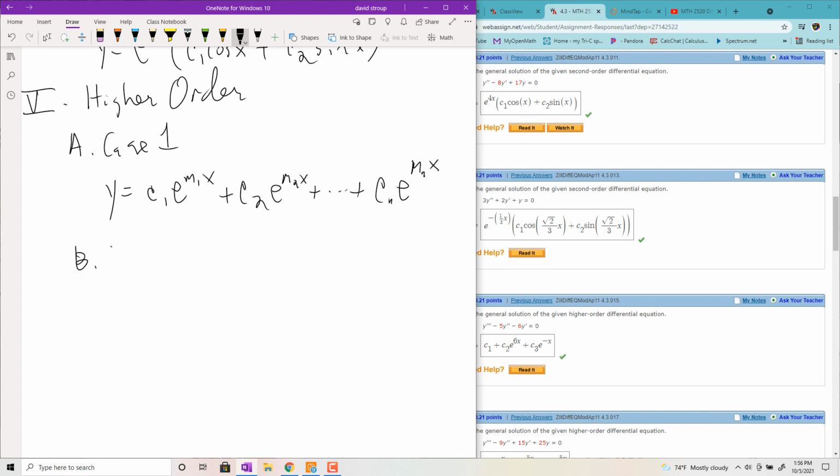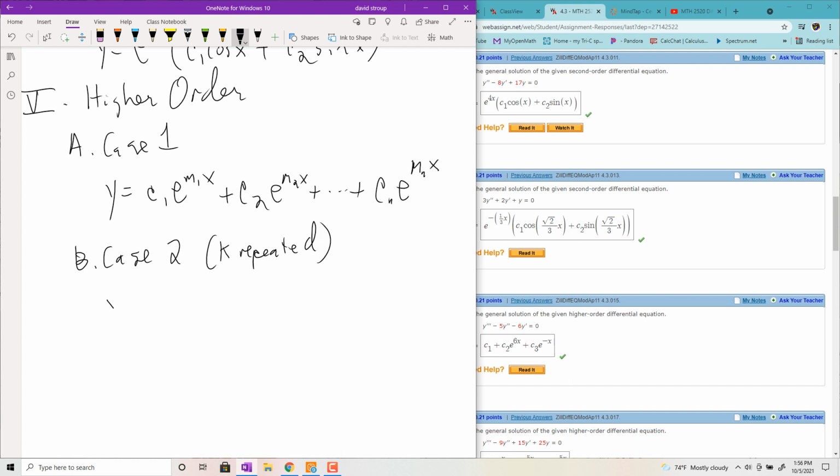Part B, case 2, where you have repeated roots, and we'll say that you have k repeated roots. So whenever you have a repeat, what you're going to do is just tack on an extra factor of x.